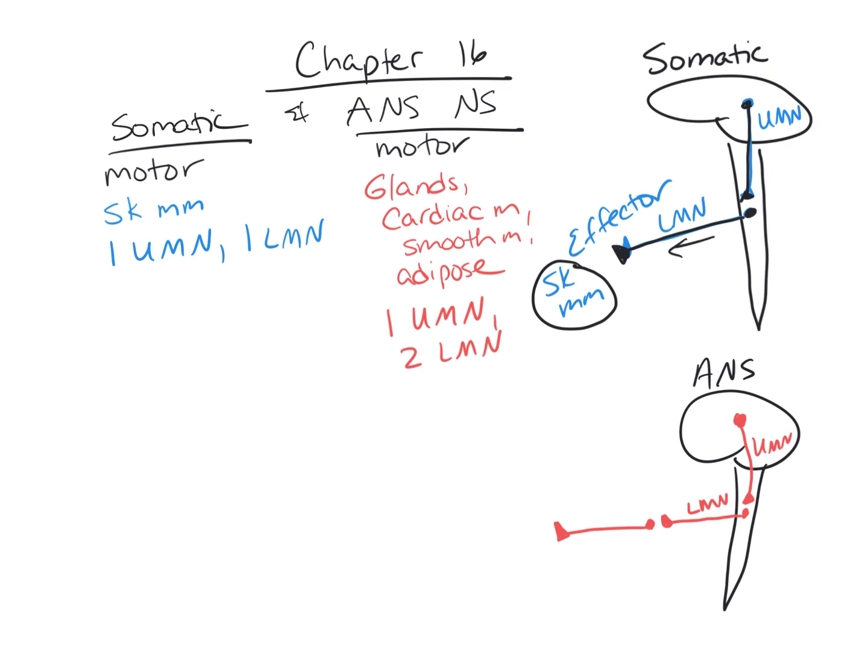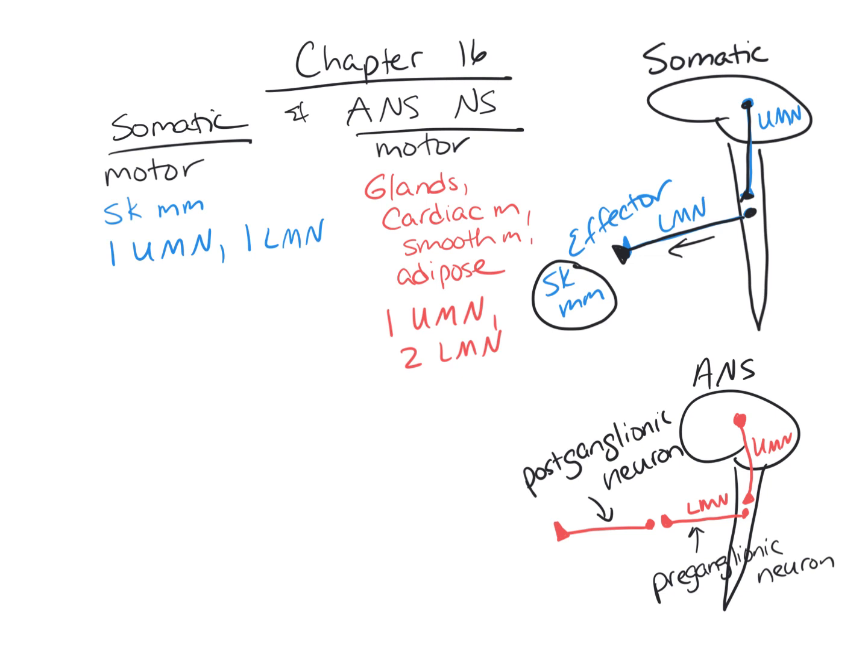The first of these is called the preganglionic neuron, and the second neuron is called the postganglionic neuron. So that's another difference between the two.